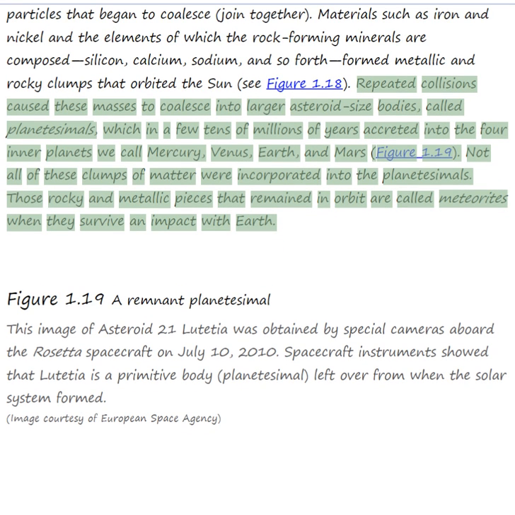Repeated collisions caused these masses to coalesce into larger asteroid-sized bodies, called planetesimals, which in a few tens of millions of years accreted into the four inner planets we call Mercury, Venus, Earth, and Mars. Not all of these clumps of matter were incorporated into the planetesimals. Those rocky and metallic pieces that remained in orbit are called meteorites when they survive an impact with Earth.